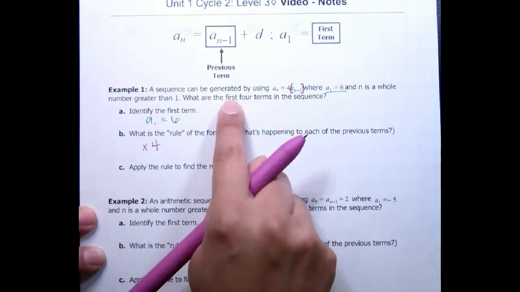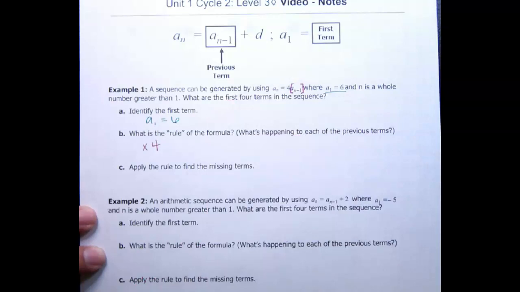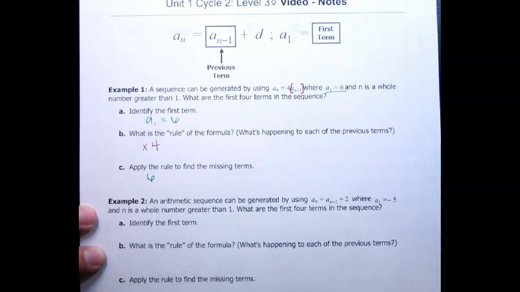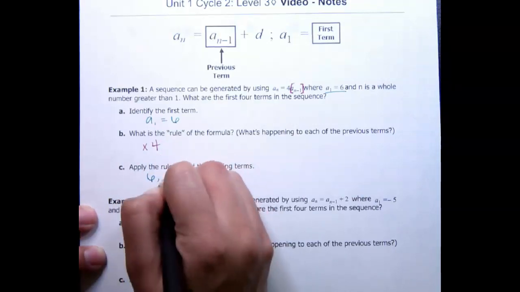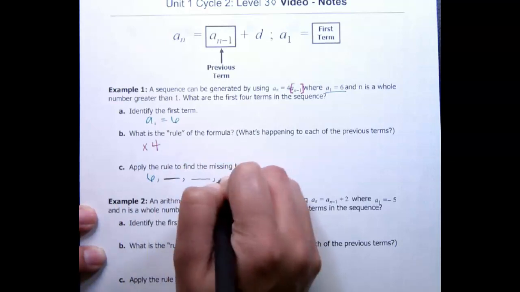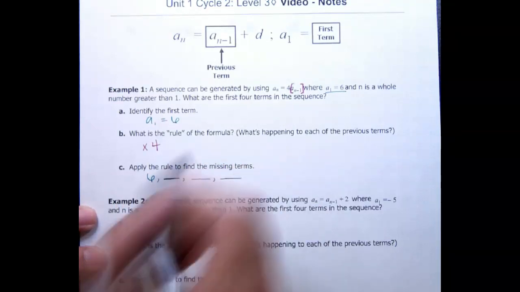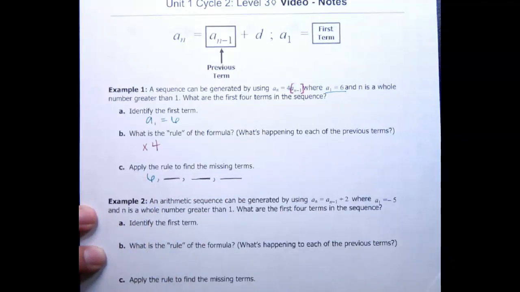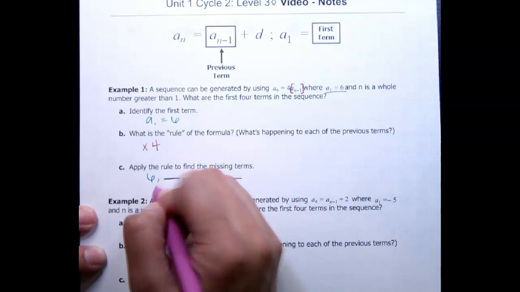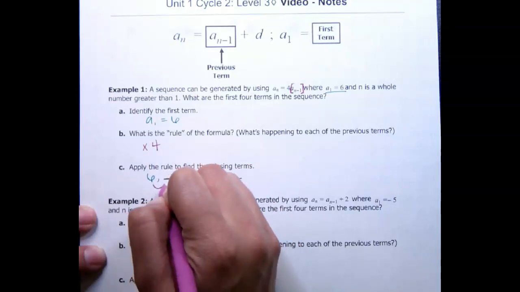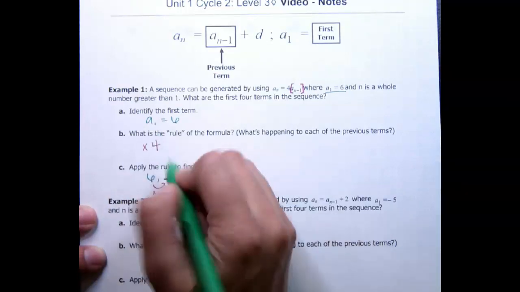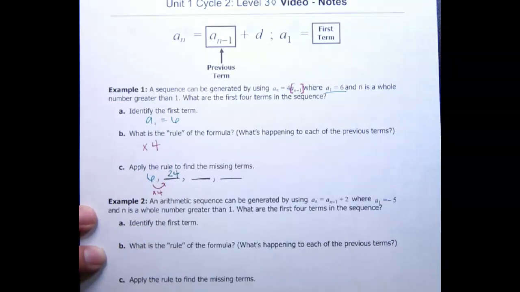So apply the rule to find the missing terms. Well, they're asking us for the first 4 terms. I already know the first one. It's 6. So I need to fill in those 3 blanks because they're asking for the first 4 terms. And we know the rule is times 4. So we are going to multiply 6 times 4, and that is 24.